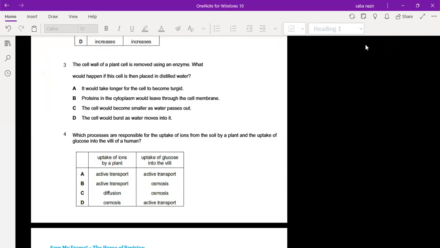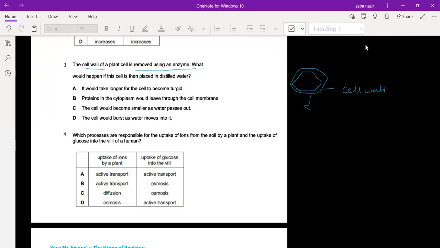In the third question, they say that the cell wall of the plant is removed with an enzyme. We always need to consider what condition is given. We know that a plant cell has a cell wall outside, followed with a cell membrane inside. And the cell wall is the one that provides rigidity and prevents bursting.